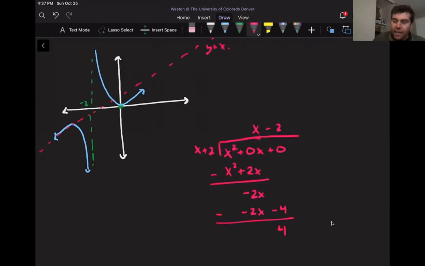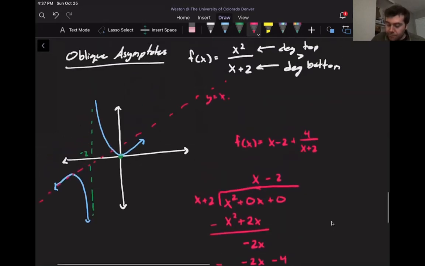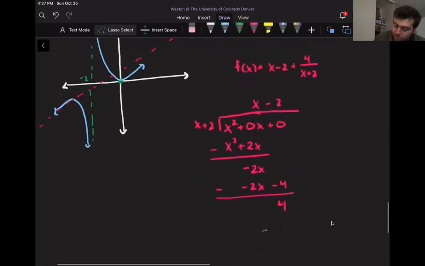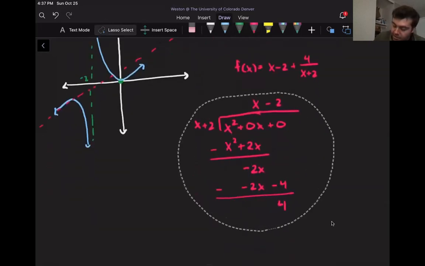So then we can actually rewrite our function as f of x equals x minus 2 plus 4 over, so taking our remainder, 4, and dividing it, still leaving that divided by x plus 2. And so now I'll lasso select this and move this computation to the side.